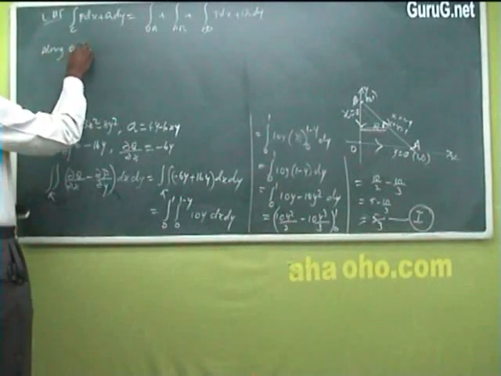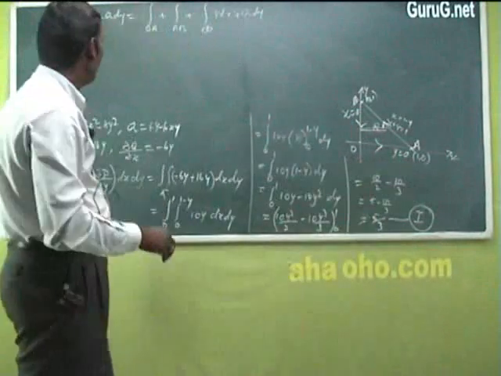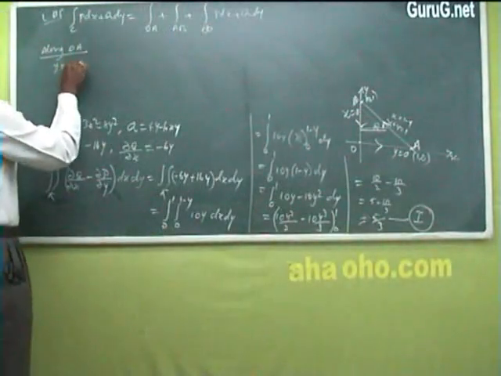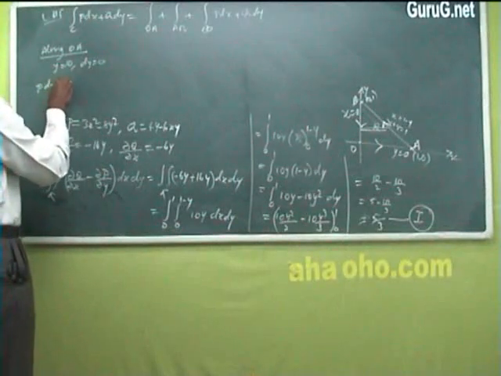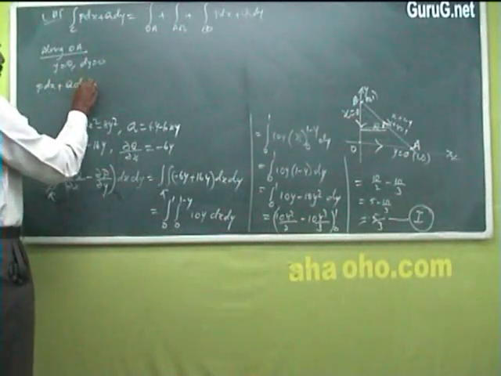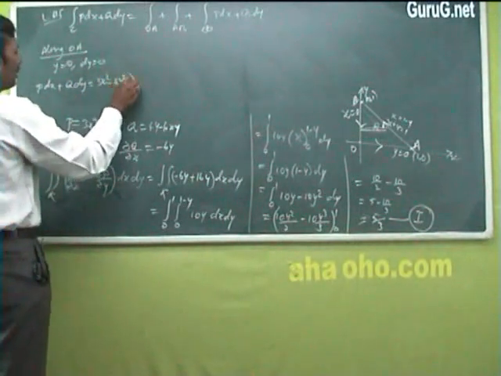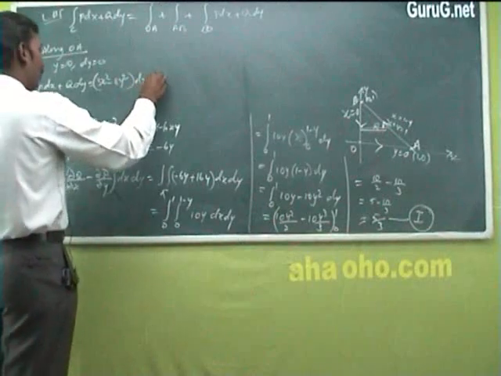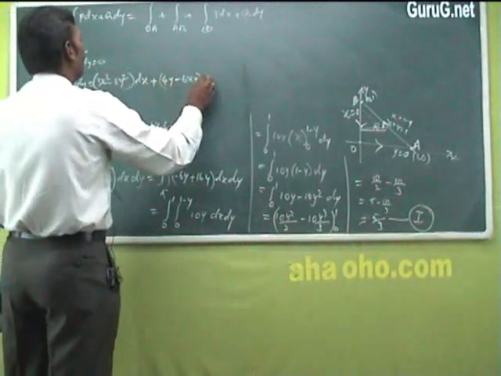So along OA, y equal to 0, so dy equal to 0. So P dx plus Q dy equal to, P is 3x squared minus 8y squared into dx, then Q is 4y minus 6xy into dy.